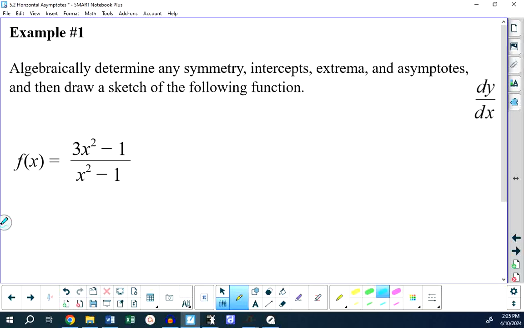So algebraically determine any symmetry, intercepts, extrema, asymptotes, and sketch the function. Well, let's start off with the x-intercepts.